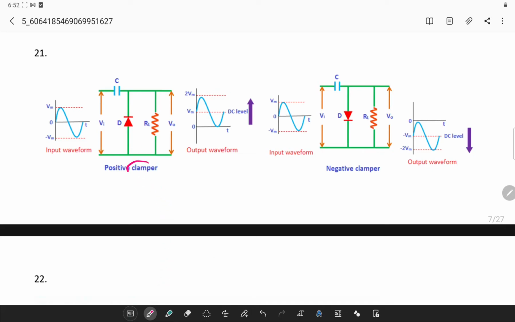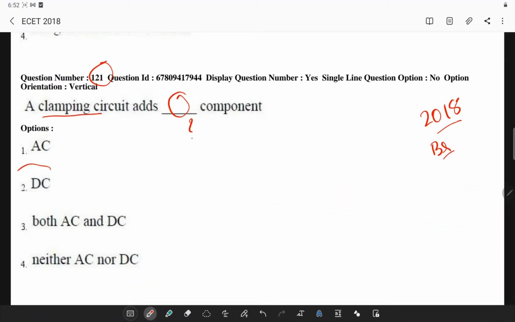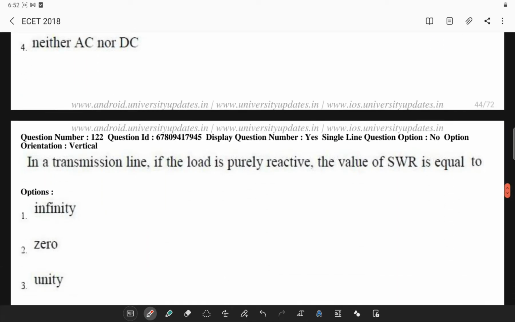In this particular clamping circuit, in a positive clamper the DC value is incorporated, whereas in a negative clamper the DC value is incorporated in such a way that you will be having a negative value. So if you see the question, it is clearly the DC value which is being added by the clamping circuit.